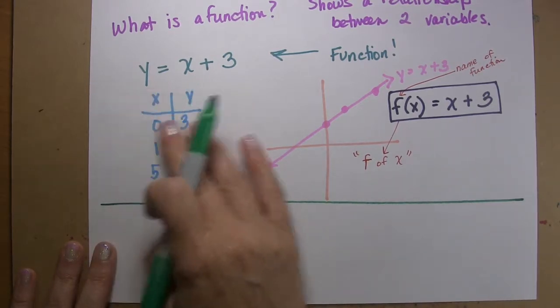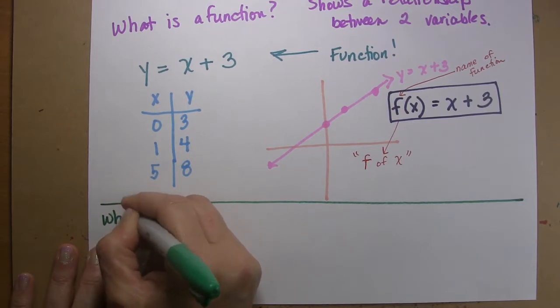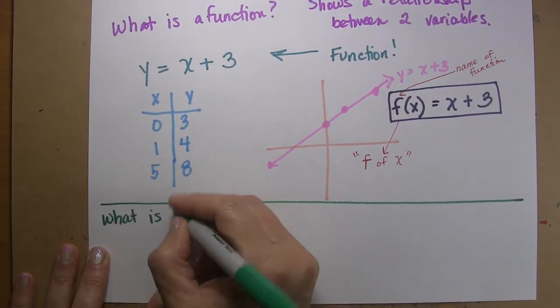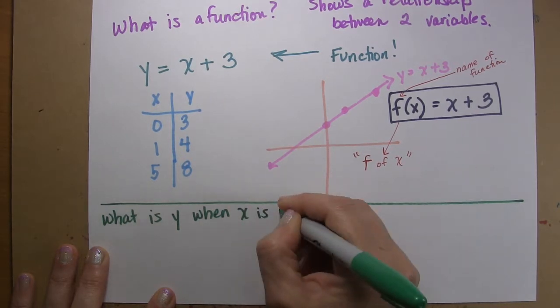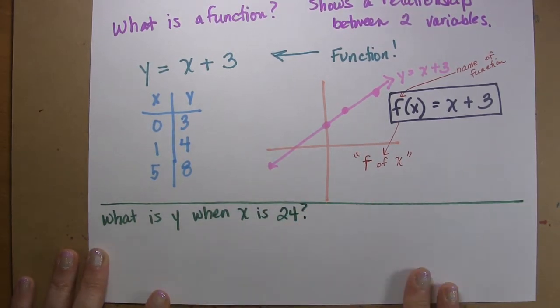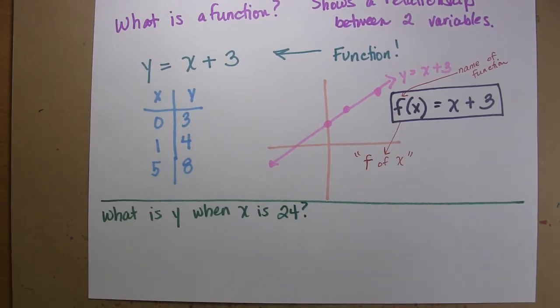For instance, looking at this function right here, if I asked you, what is y when x is 24? See how I had to write that whole sentence out? That was terrible. Go ahead, try to put it in some sort of mathematical shortening. You don't know how. Aha!